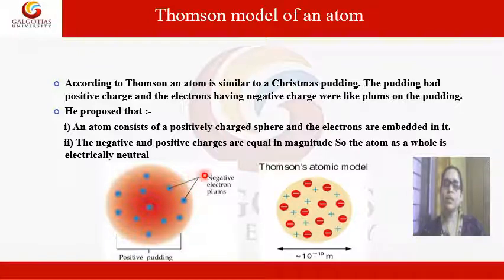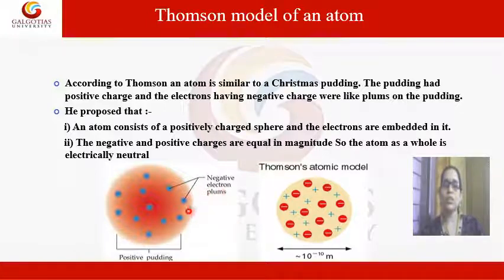But Thomson's atomic model describes the structure of the atom only partially; it cannot totally describe it. Many scientists did different experiments to give different atomic models.